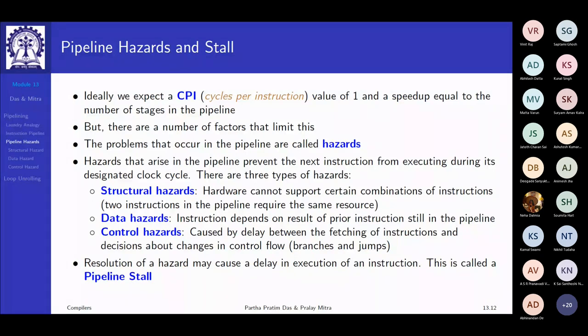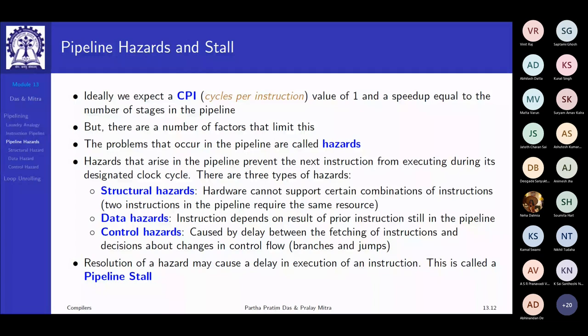And then we have data hazard, which is primarily in terms of the dependencies or anti-dependencies that you may have in the program, that is more decided by the program. And then you have control hazard, which is also caused by the delay of fetching instructions and because of the control flow, branches and jumps, and is primarily due to the program. So these are the three types of hazards.